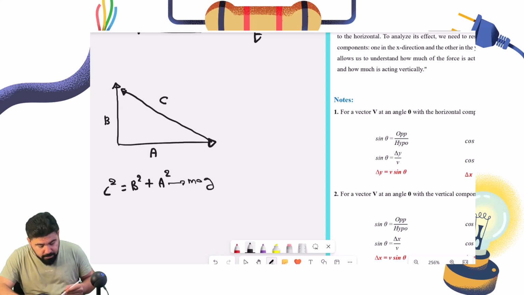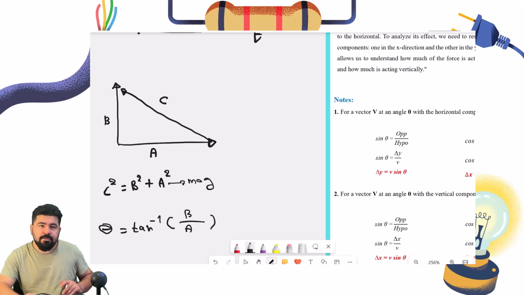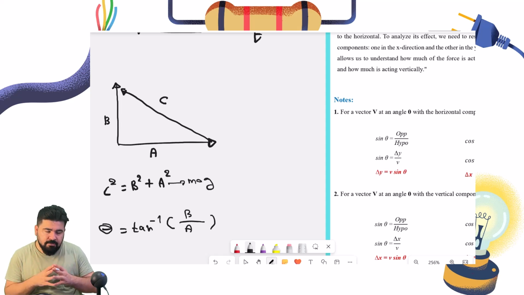For finding the direction, we were using theta equals tan inverse of B divided by A, or opposite divided by adjacent, sorry. Now, this is how we added two vectors together.